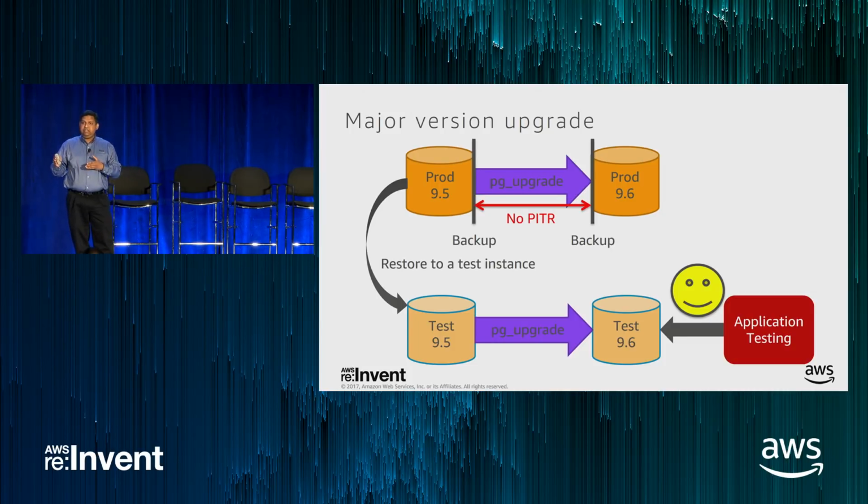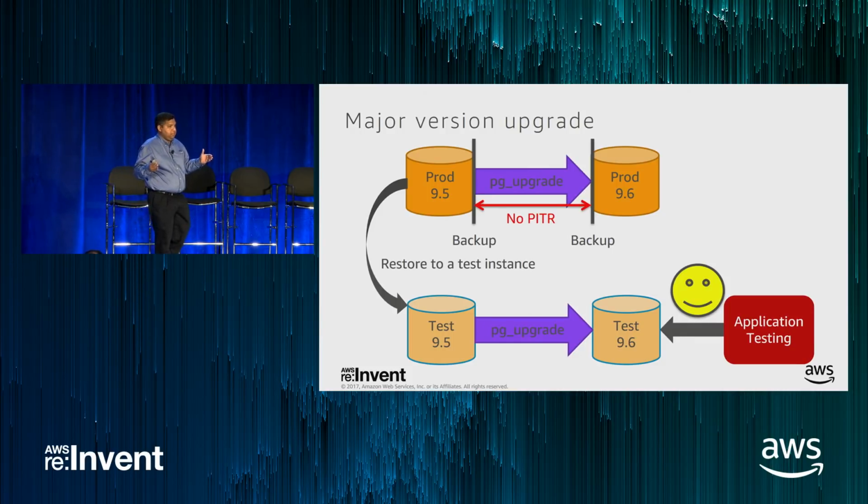Only after doing that should you apply that same process on your main production instance. Now, when you do the process, you will also find the time it takes to do the whole upgrade end-to-end, right? In some cases, it just depends on the number of objects in that instance how much time it will take to do a major version upgrade.